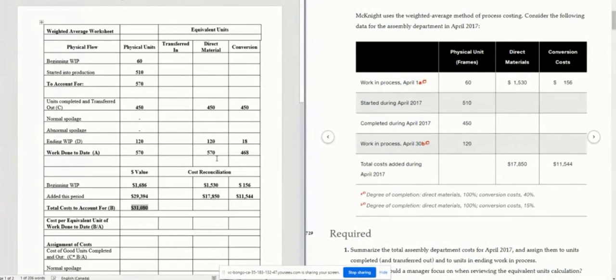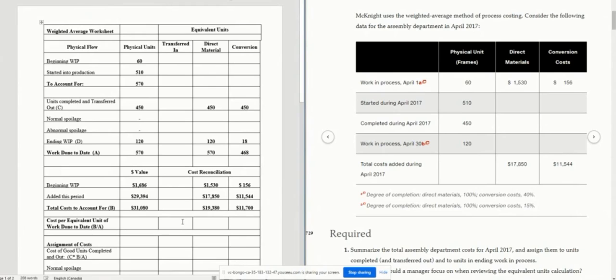And of that $31,080, I've got what, $19,380 in terms of materials, and $11,700, I guess, in terms of conversion costs.